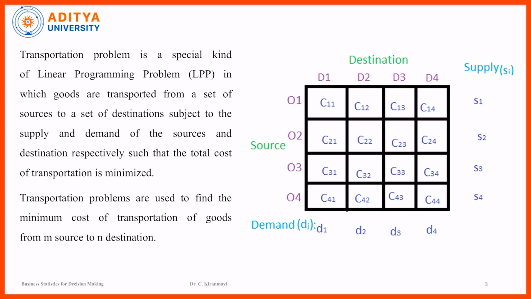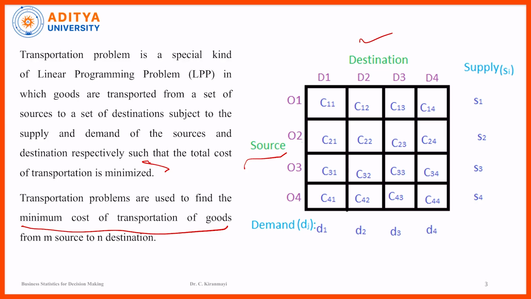Based upon the supply and demand constraints of sources and destinations respectively, how many units are to be transported from different origins to different destinations so as to minimize the total transportation cost? Such a problem is called a transportation problem.